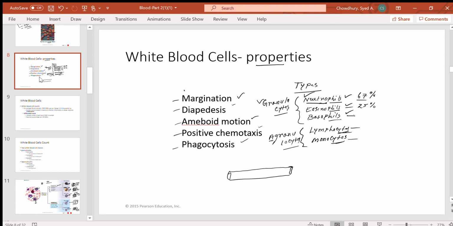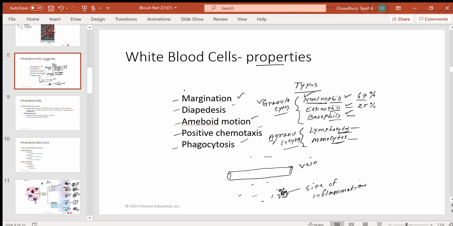Okay, so what is margination? This is a vein, or for example a blood vessel, and this is outside tissue. If infection occurs here, site of inflammation or site of infection. Okay, so you have, for example, bacteria or viruses here that caused inflammation.